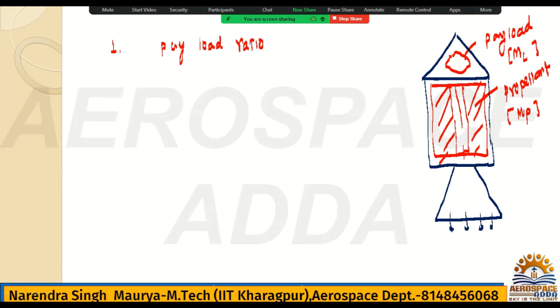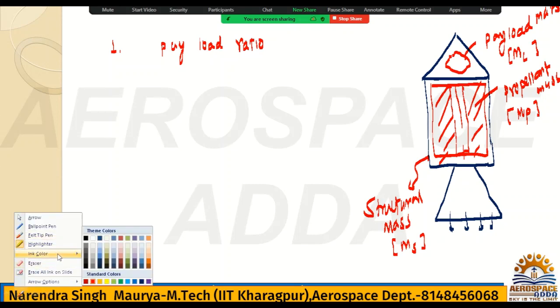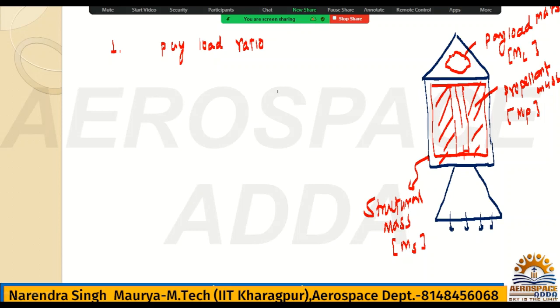This is the structural mass, denoted by ms. Based on this, we have the payload ratio, or payload fraction.